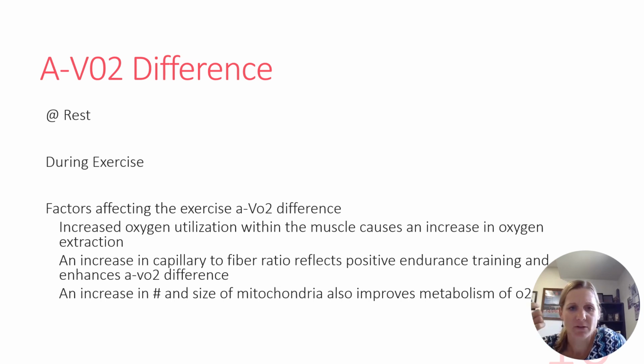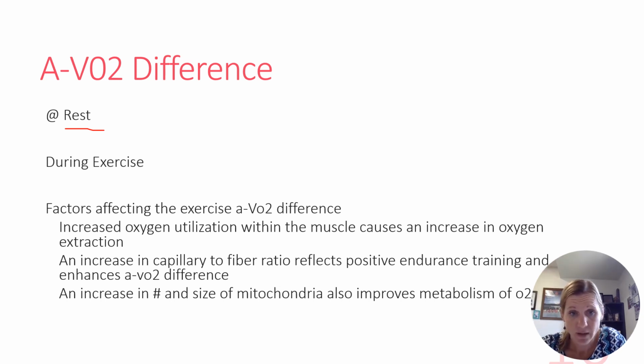Okay, AVO2 difference was a factor that we mentioned previously. We're looking at the difference in oxygen concentration in the arteries versus the veins. And this is really important because it tells us how much oxygen we've dropped off at the tissue level. So at rest, this will actually surprise you, I think, a lot. At rest, we're only using about 5 out of 20 mils.